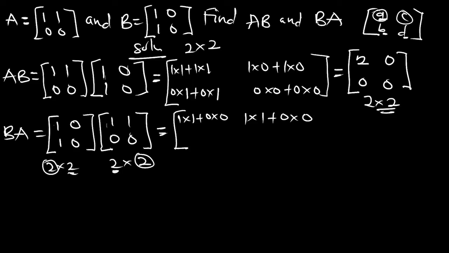So for the B, second row, first column. That will be 1 by 1 plus 0 by 0. The same thing here, 1 by 1 plus 0 by 0. And the final answer should give us, this is supposed to be 1.